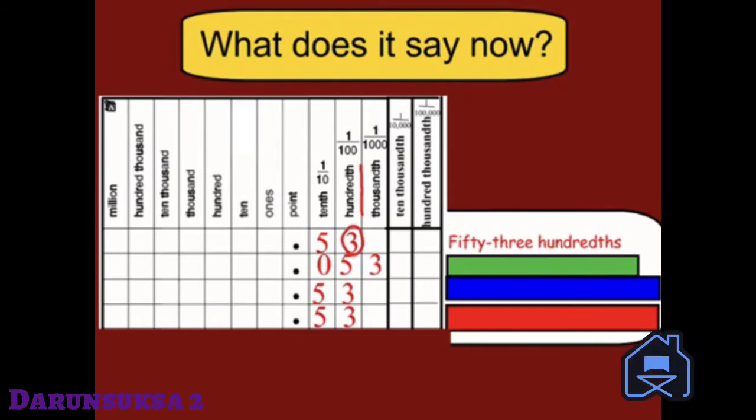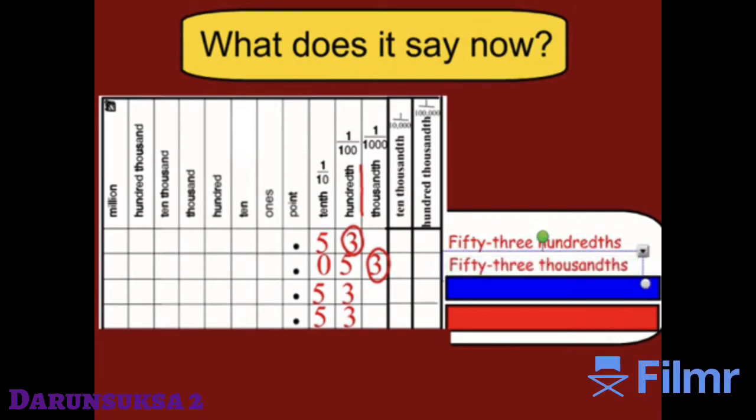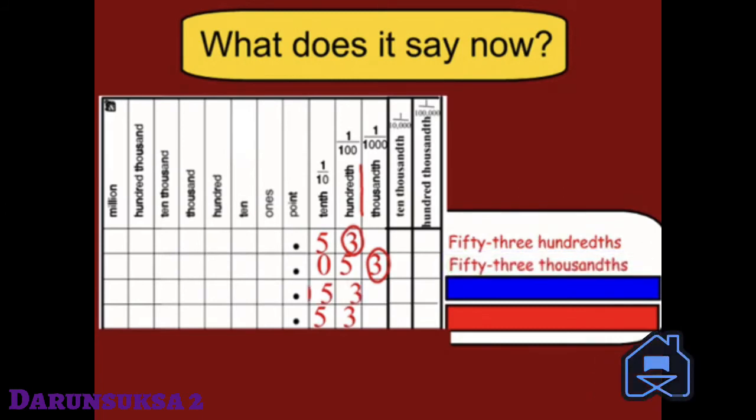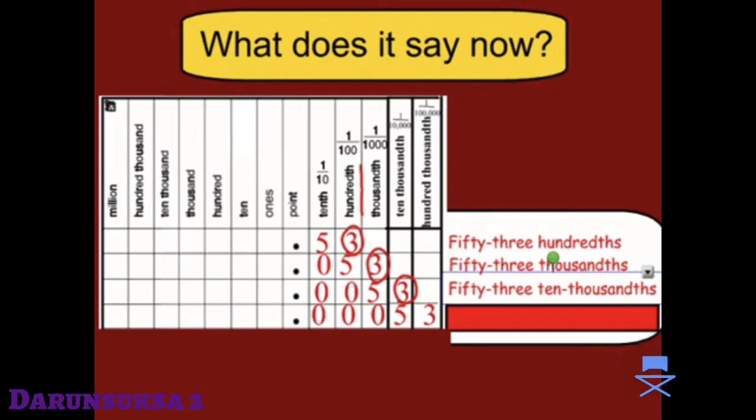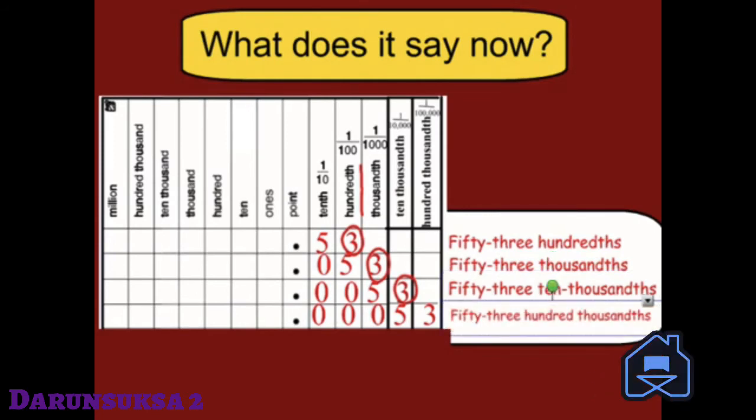Okay, now the 3 is in the thousandths place, so that would be 53 thousandths. What if I took the 53 and I moved it over yet another spot? Now the 3 is in the 10,000ths place. That would be 53 10,000ths. And if I were moving it over one more spot, that would be 53 100,000ths, because the 3 is in the 100,000ths place.